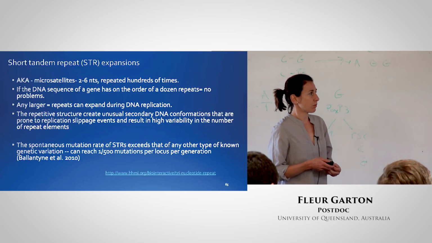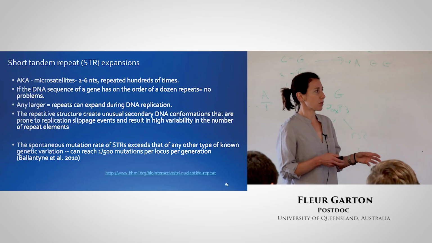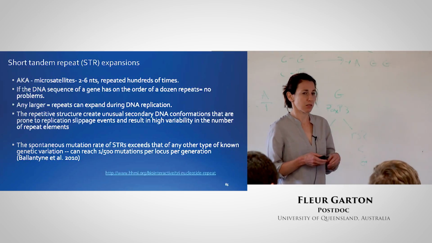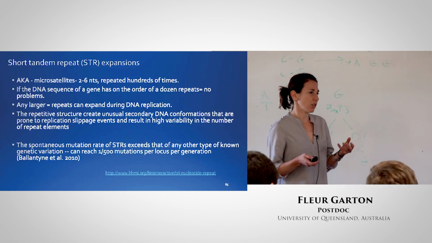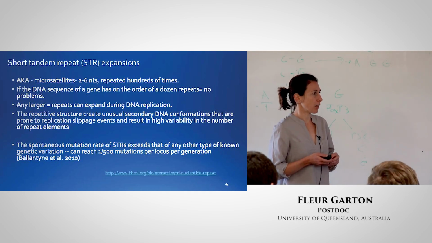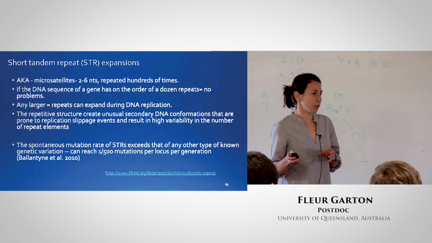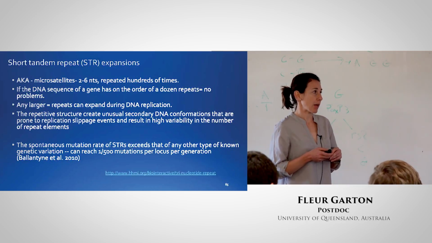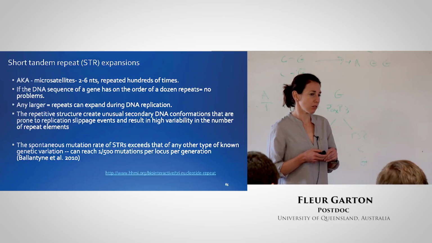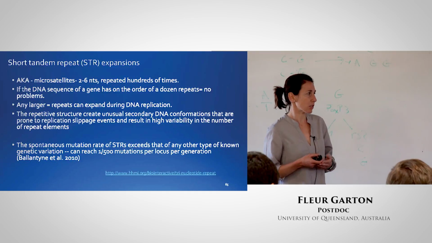So if the DNA sequence of a gene has in the order of a dozen repeats, you don't really see a change in function, but larger areas of repeats can expand during DNA replication, and this is due to slippage events.